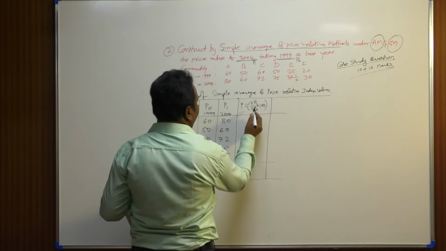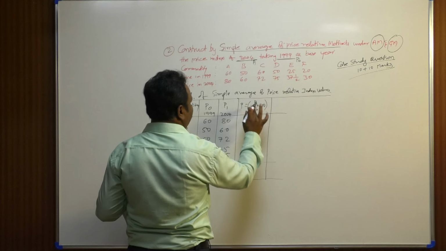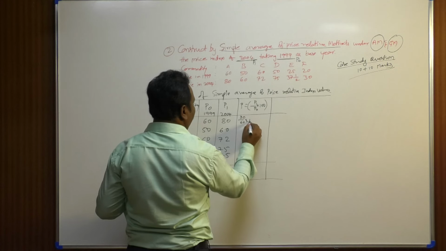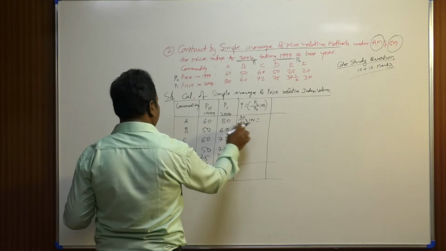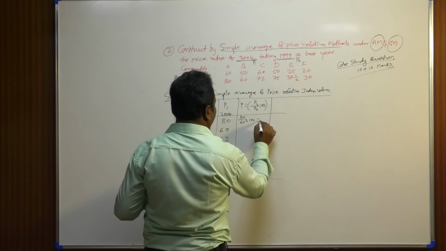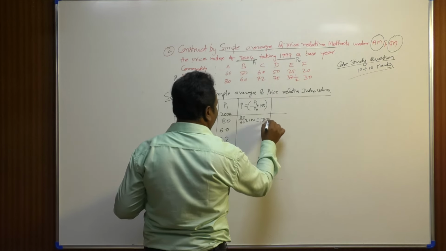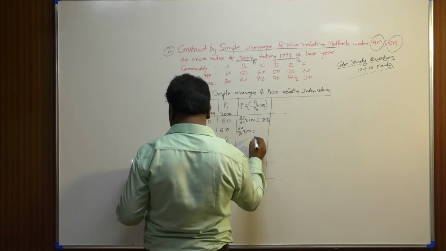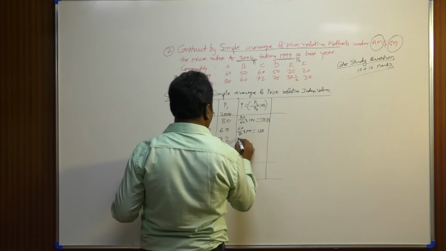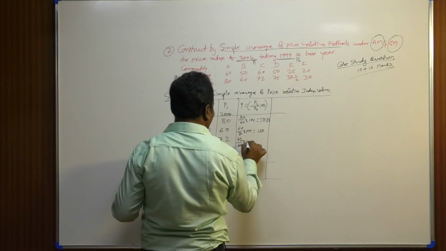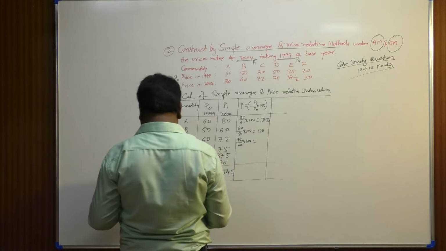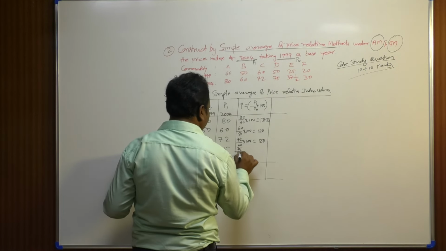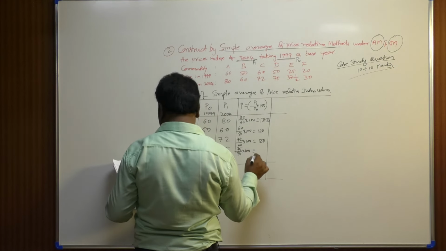That is taking P1 divided by P0. So P1 is 80 divided by 60 into 100, that is 133.33. Then 60 divided by 50 into 100, that is 120. 72 divided by 60 into 100 is 120. 75 divided by 50 into 100, that is 150.